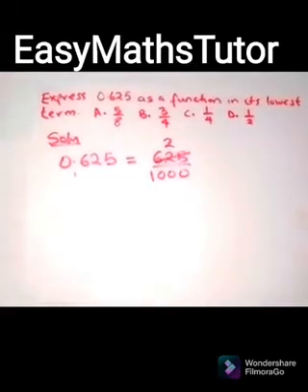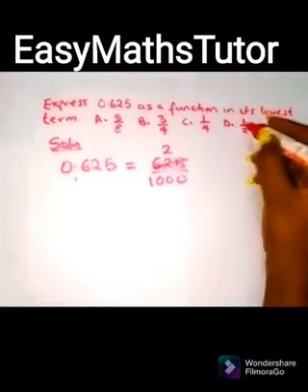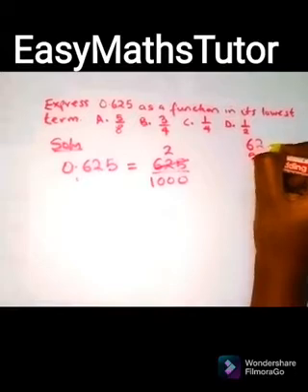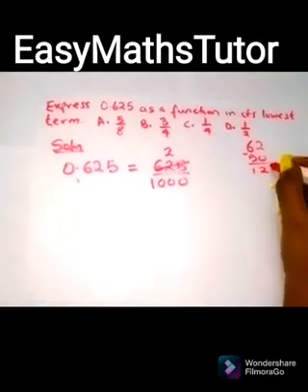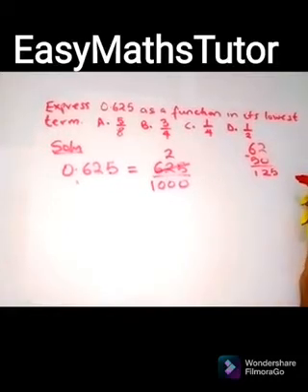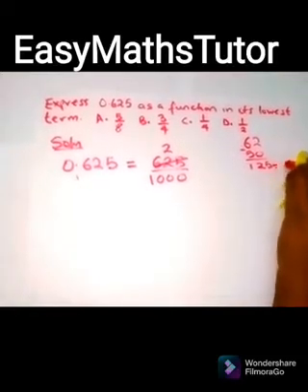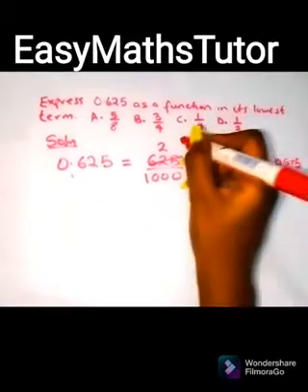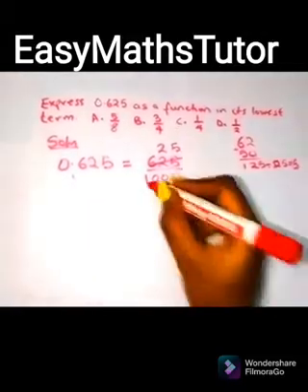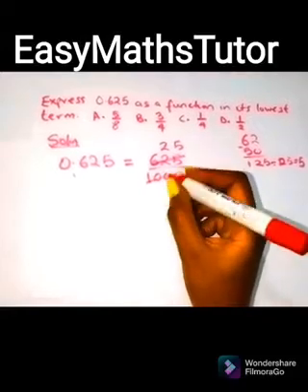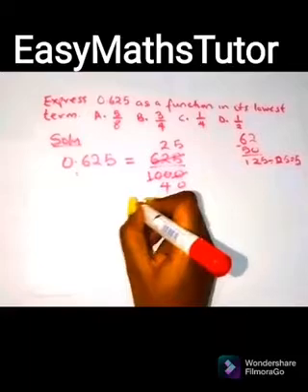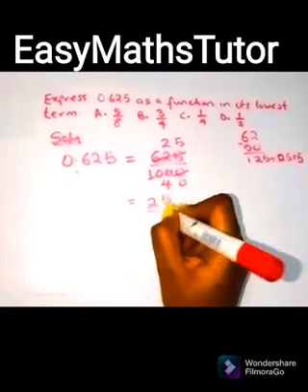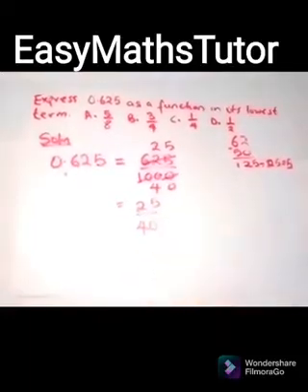Remember, 25 times 2 is 50. So 62 minus 50 gives us what? 12. So we have 125 divided by 25 gives us 5. So this will be 5. 25 into 100 gives us 4, into 0 gives us 0. So we'll have 25 all over 40.